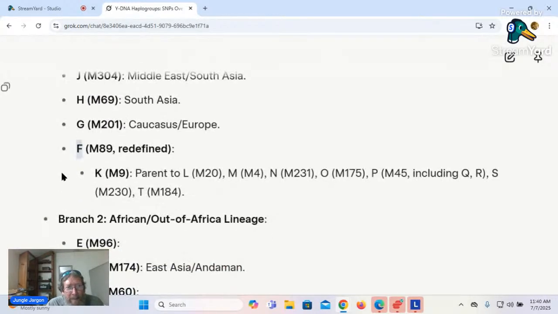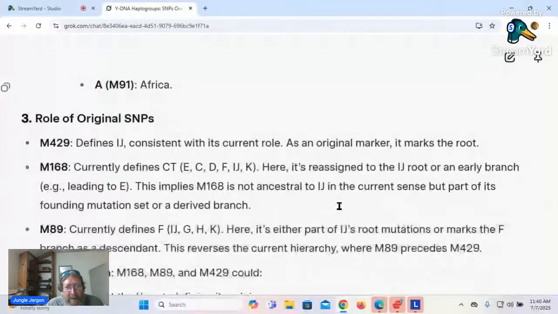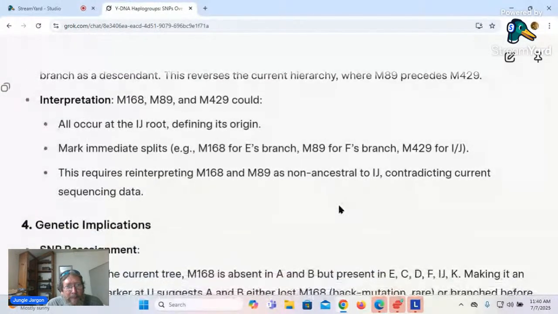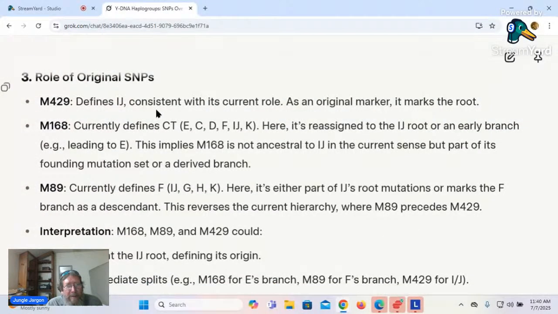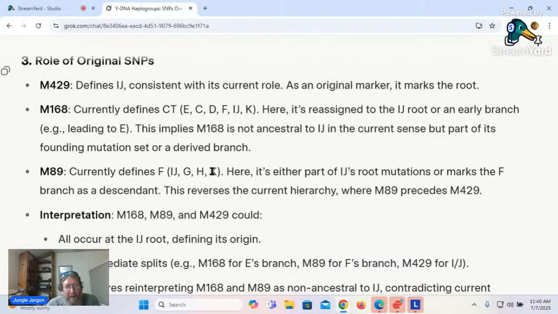Yeah, K would be, okay. I'm going to have to explain what it means. Okay, role of SNP. Defines IJ consistent with its current role as an original marker. It marks the root. Defines everybody except for A and B. M89 defines all the Hamitic and Eurasian.